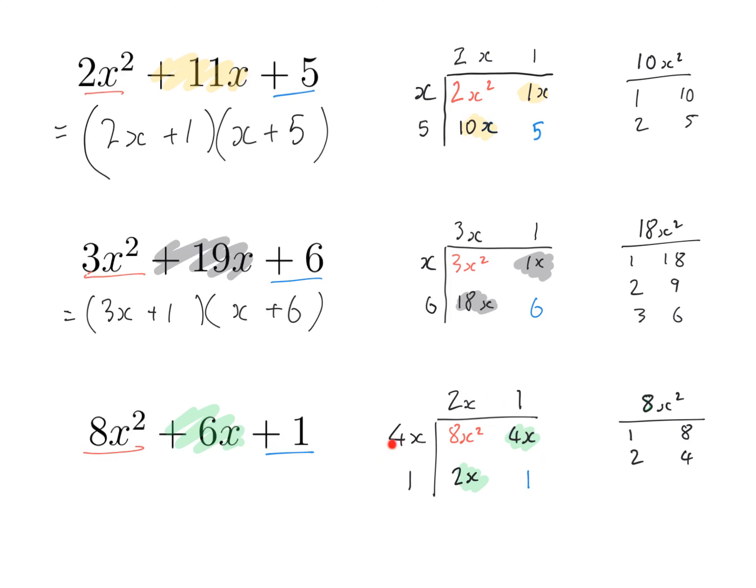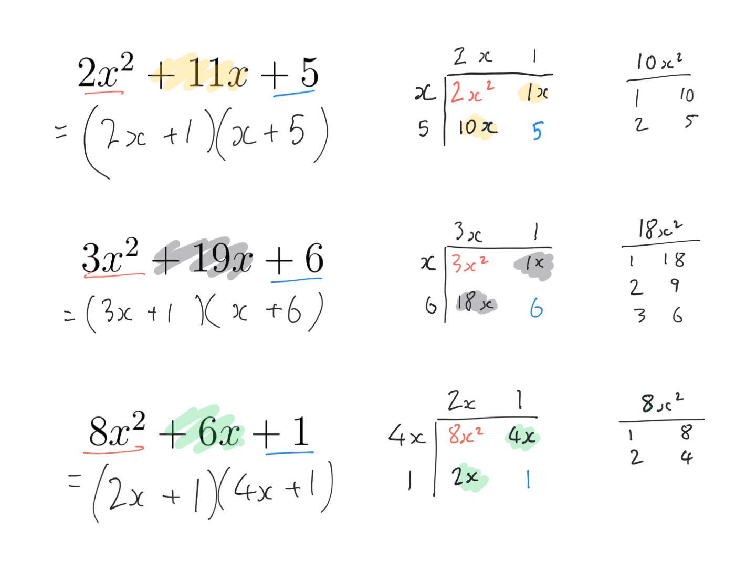So I know my grid is completely correct. So along the top, I've got 2x positive 1. So this will factorise to 2x plus 1. Down the other side, I've got 4x positive 1. So 4x plus 1.